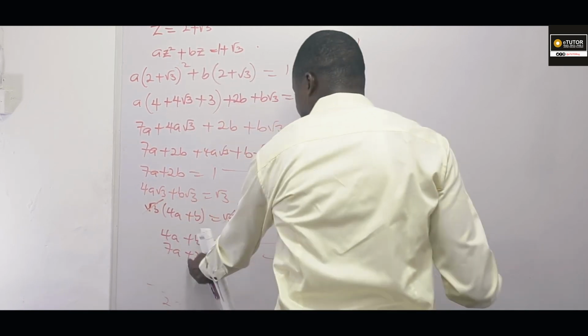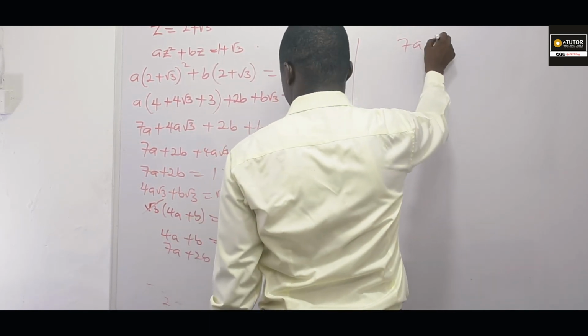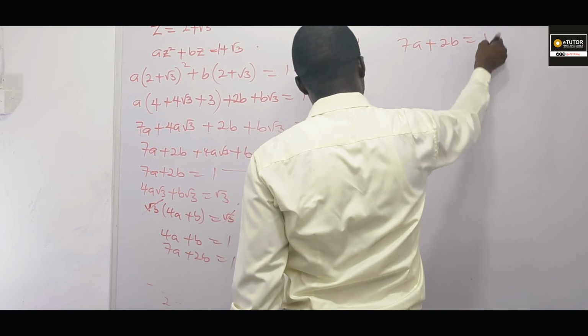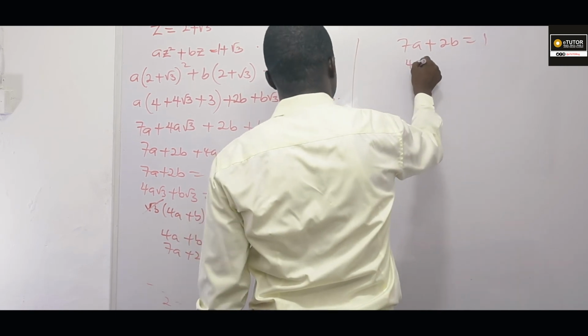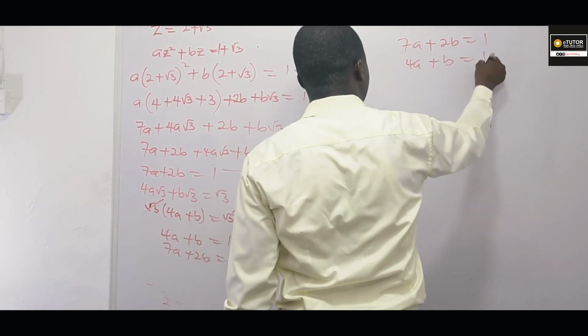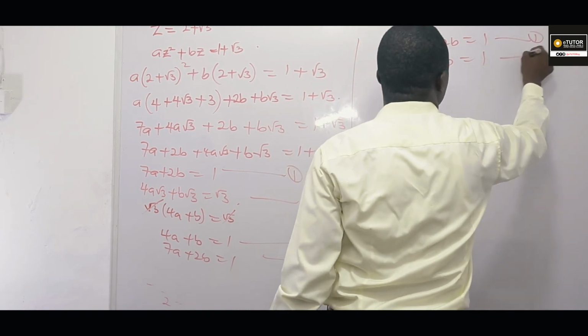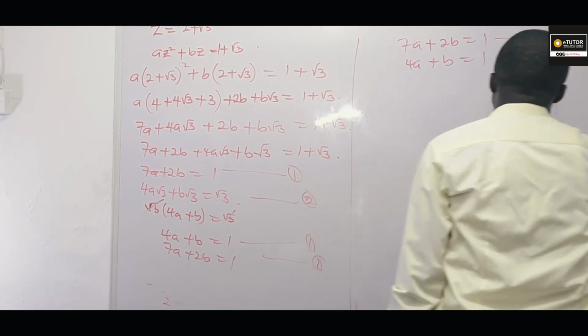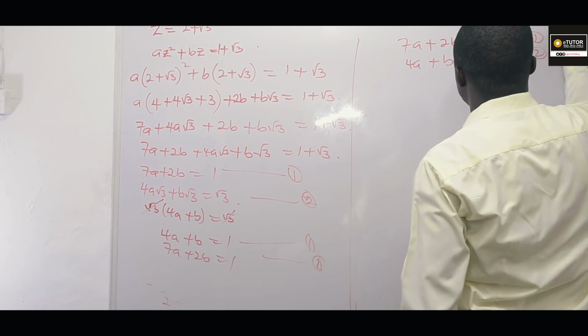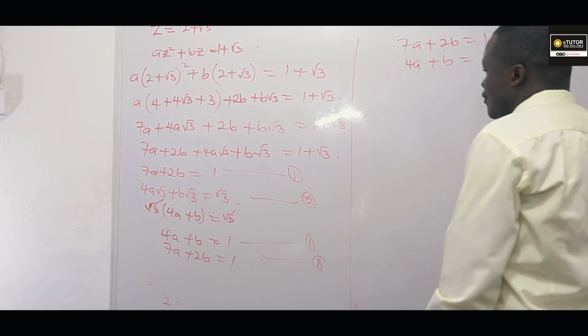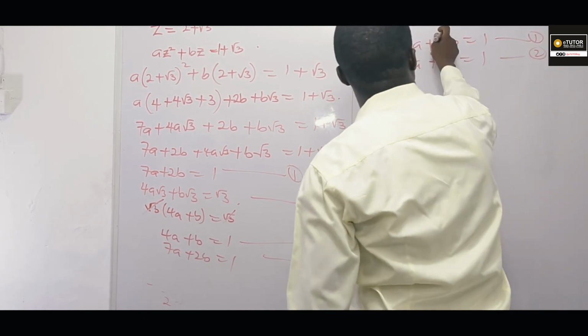Let's bring them together. This is our equation 1: 7a plus 2b equal to 1, and 4a plus b equal to 1. To solve conveniently using the elimination method, we can say this times 1, this times 2, so that this and this can balance.